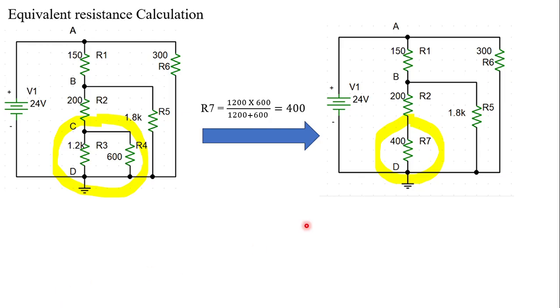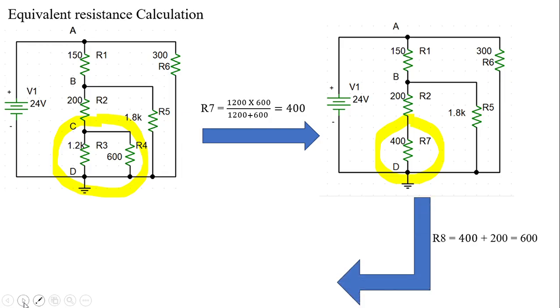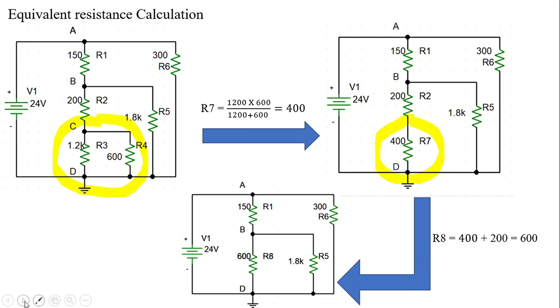Now after replacing, again if you see, 200 and 400 are in series, so we can add them and replace that entire combination with one single resistor whose value is 400 plus 200, that is 600, that is R8. So I am replacing this entire combination with one resistor whose value is 600 ohms.